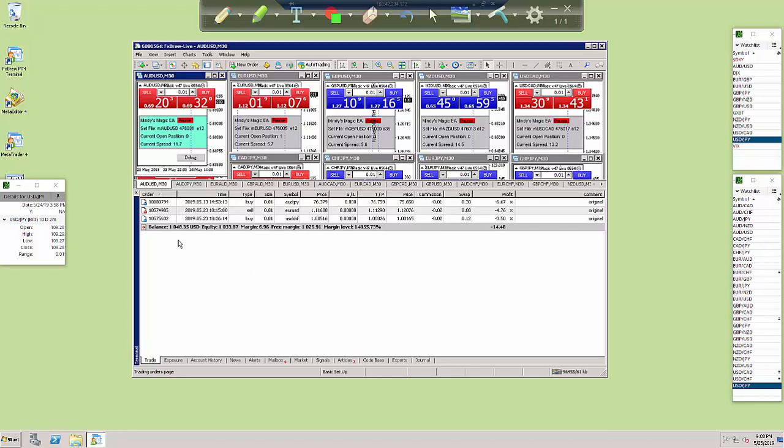If you started with $1,000, you'd have somewhere between $2,000 and $4,000 at the end of the year. But I cannot guarantee that that will happen. I've been using the EA for 1.5 years now, through all of its different stages of development, and that's kind of what it's been averaging over the 1.5 years.